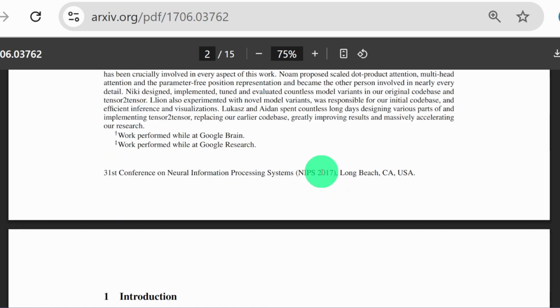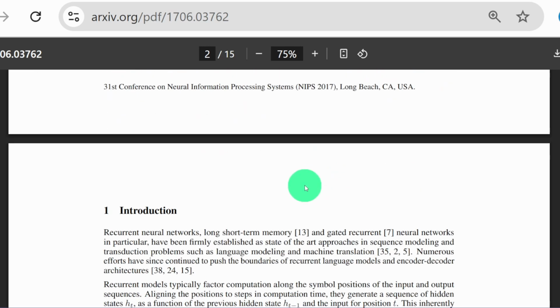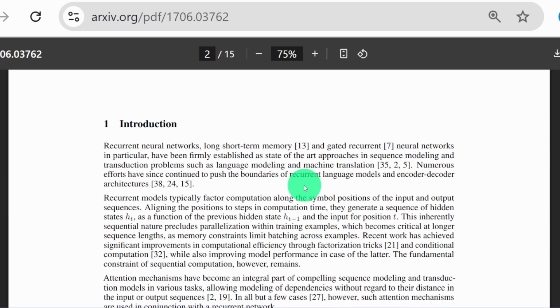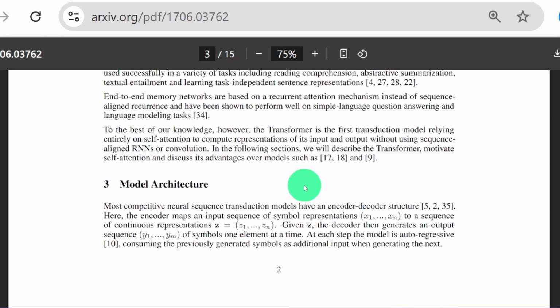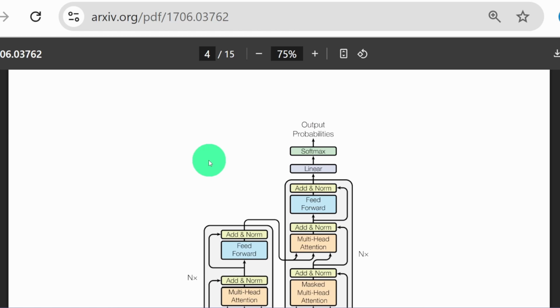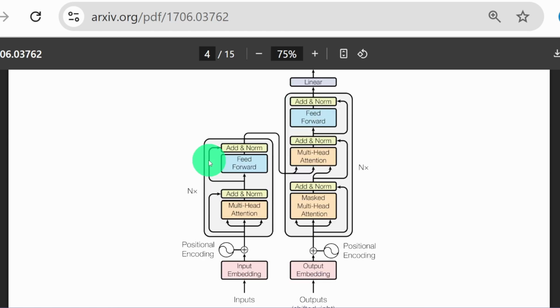Before this, models relied on clunky step-by-step processing, but the authors had a radical idea: what if we just use attention and nothing else? It doesn't require any convolutions, no recurrent neural network, just pure attention to connect words dynamically.